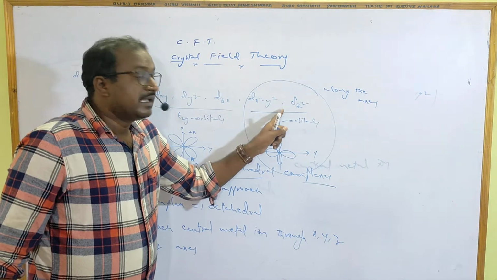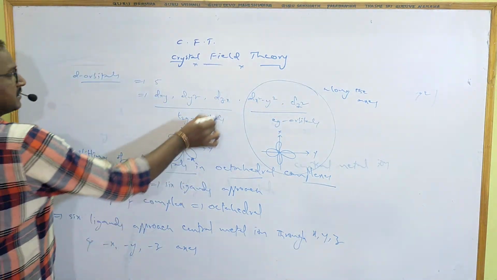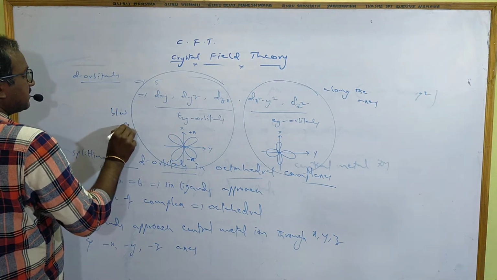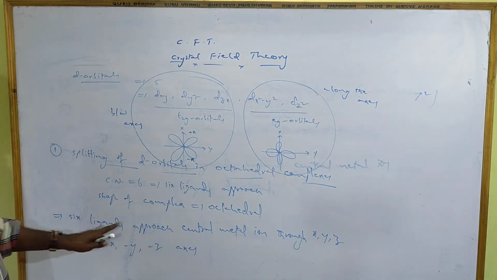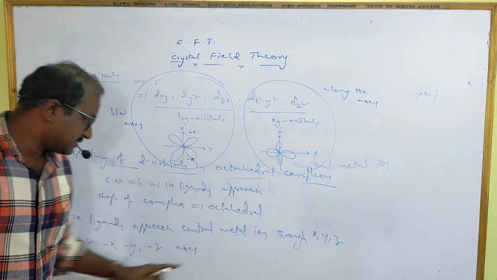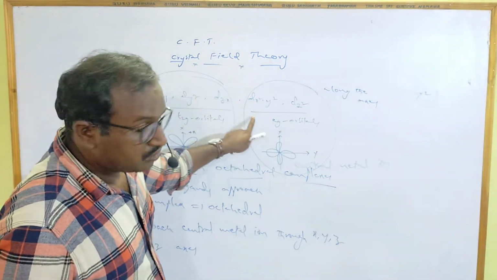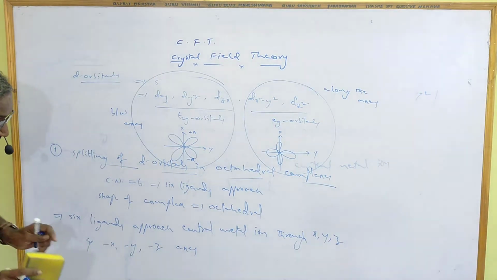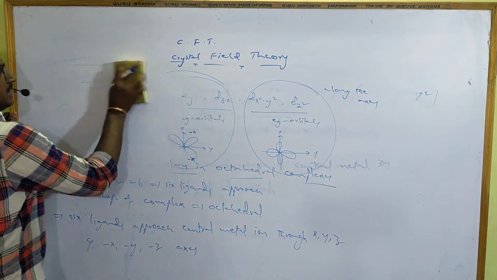These will be affected more than the others, because these 3 orbitals are present between the axes. So when 6 ligands approach the metal along these axes, eg orbitals will be affected more than t2g orbitals. Due to this effect, the splitting takes place like this.